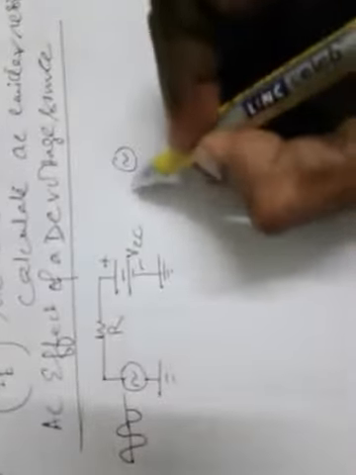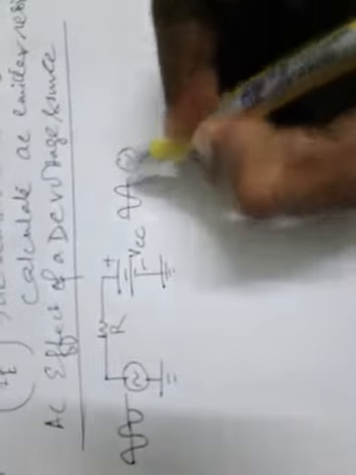That means the input signal source connected via R to this is denoted by Vs.